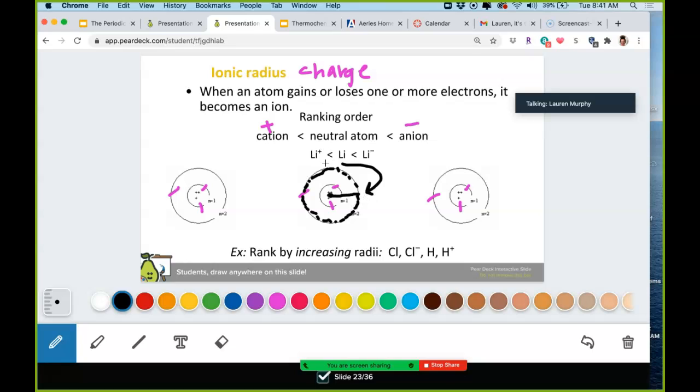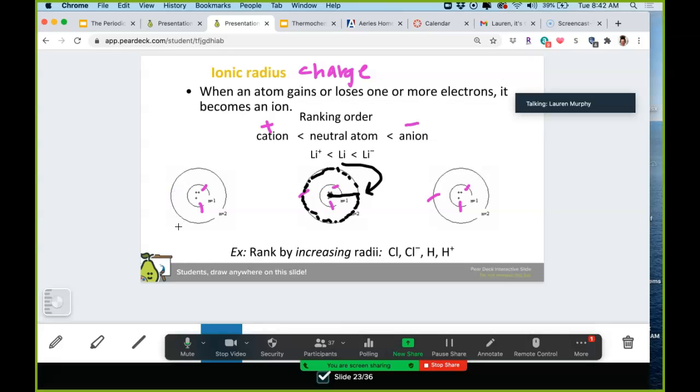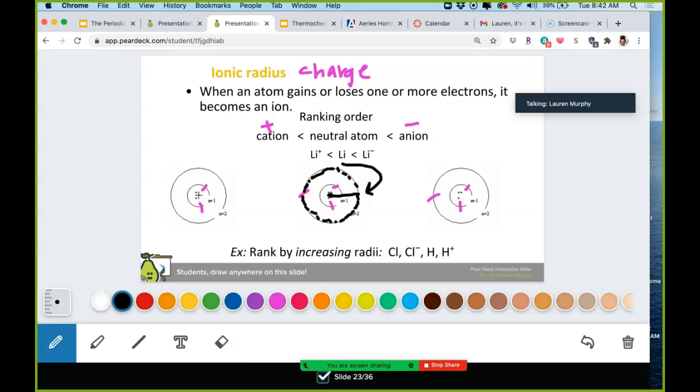Now, let's talk about a cation. +1 means you're losing 1 electron. Well, if you lose 1 electron, you're going to lose it from the outermost energy level first, okay? Because those electrons are further away from the nucleus, so they're not held as tightly. I removed 1 electron, so now this has become +1. But what does that do then? Well, that changes my radius, right?